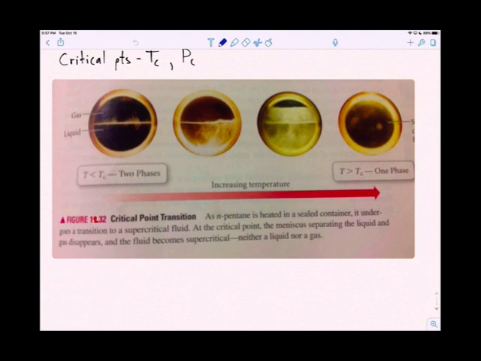As this heats up, you can get to a certain temperature where the molecules are moving so fast, there's so much kinetic energy, that the liquid can't stay together. Of course, that's the vaporization.